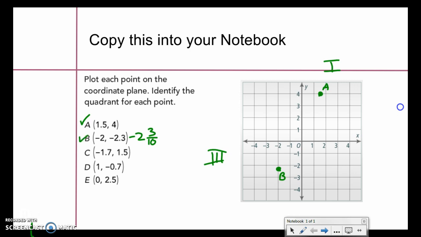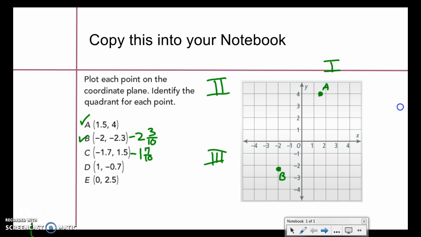B's done. Now the last one we're going to do together is point C. We have -1.7 and a positive 1.5. Well, we know that negative, positive is located in quadrant 2 because we have a negative x and a positive y. Now -1 7/10 can also be written like this.